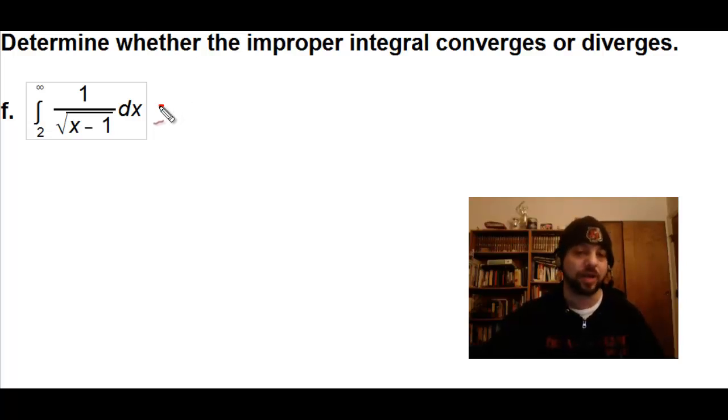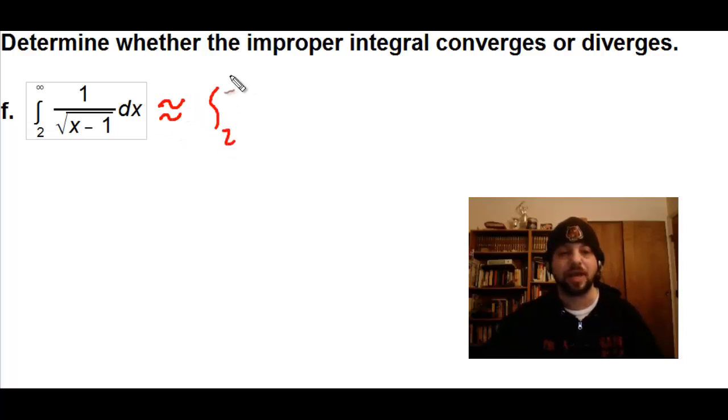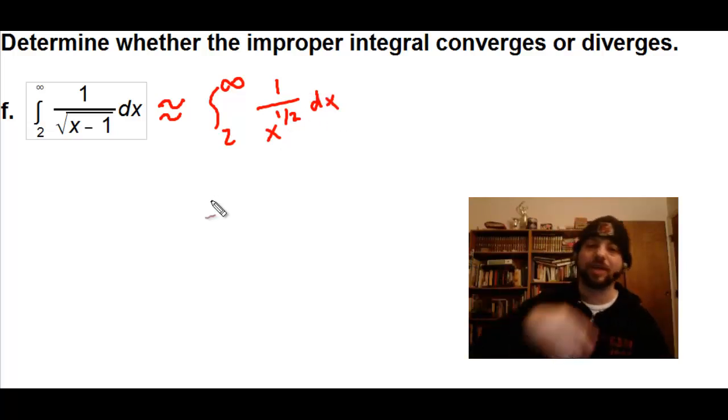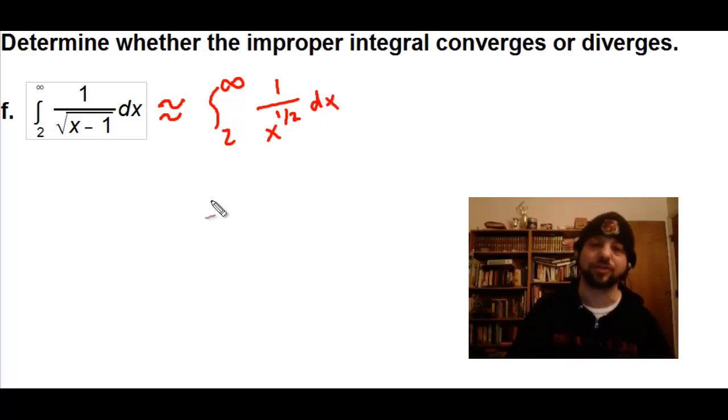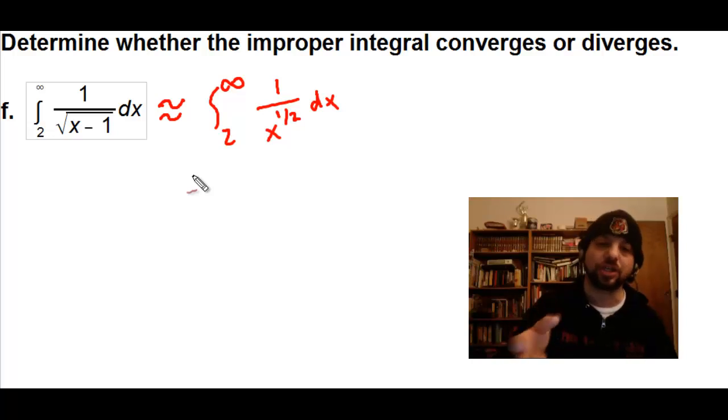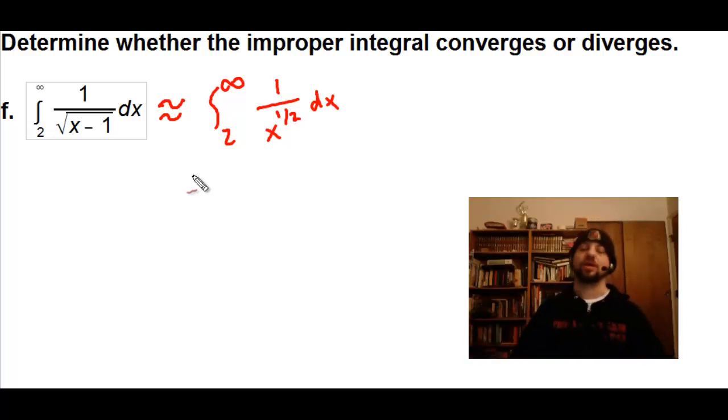If I look at this, what I can do is I can say that this is approximately the same as the integral from 2 to infinity of 1 over, now instead of calling this x minus 1, just for simplicity's sake, I'm going to call it x to the 1/2. A lot of people are going to argue and say, well, you can't just throw the negative 1 out. That changes everything. I agree it does change certain things, but it's not going to change the speed at which this function will get close to its asymptote.